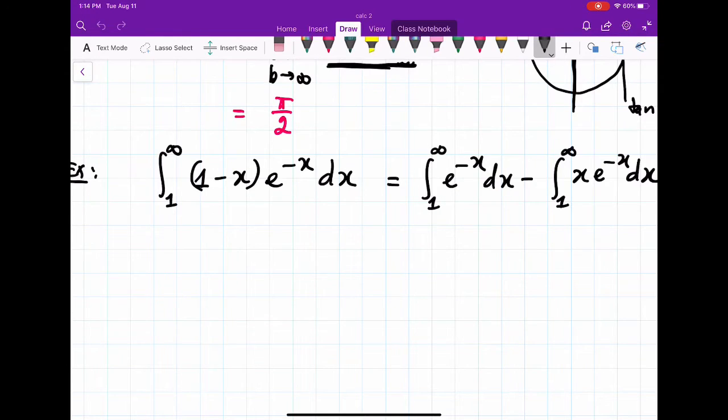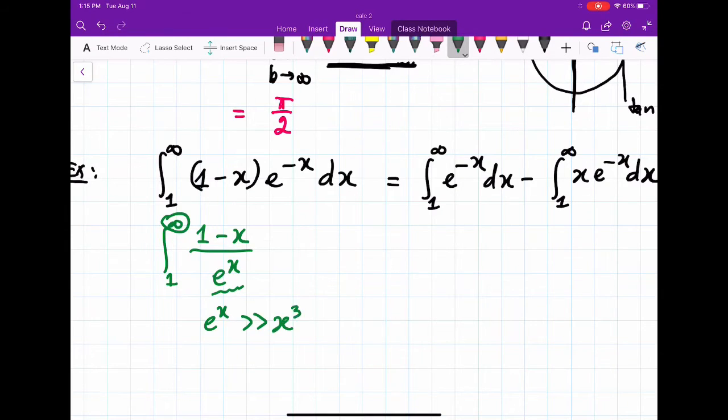So you might think about this function, 1 minus x over e to the x, and the improper point is just infinity, and we know that at infinity e to the x is very big, right? So you might compare with x cubed.